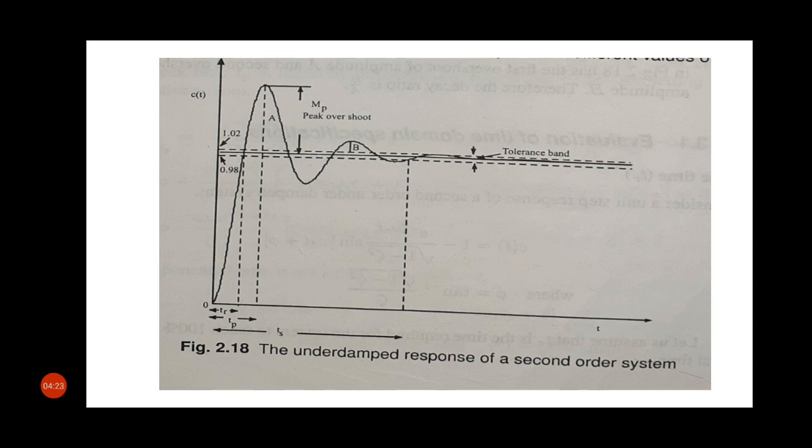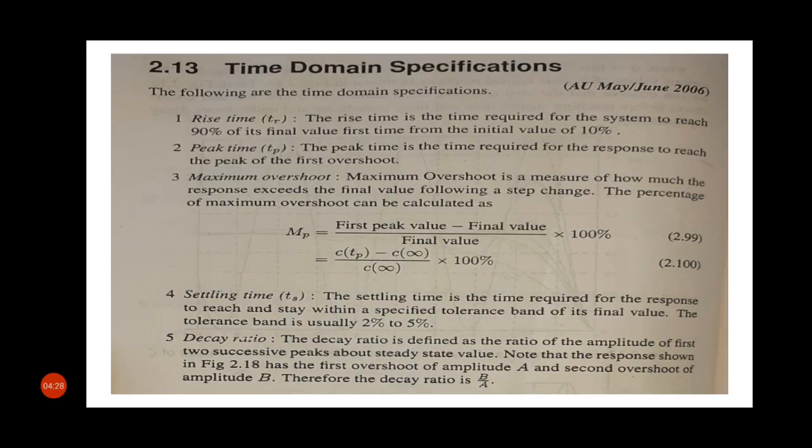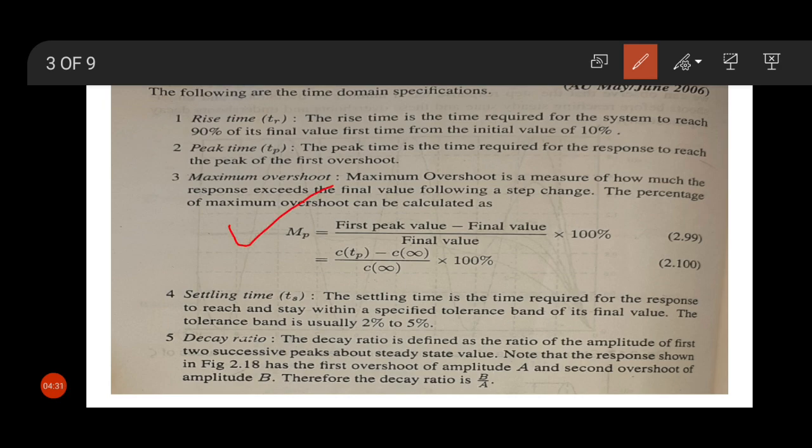The percentage of maximum overshoot can be calculated like this: percentage of maximum overshoot is equal to first peak value minus final value, divided by final value, times 100%. The first peak value represents C(tp), and the final value represents C(infinity). So this is our maximum overshoot, and maximum overshoot is represented by MP.